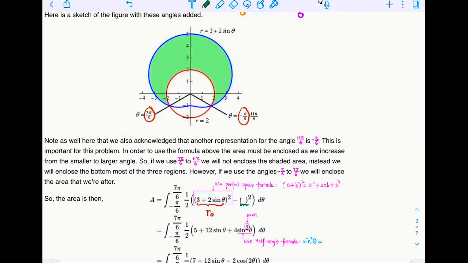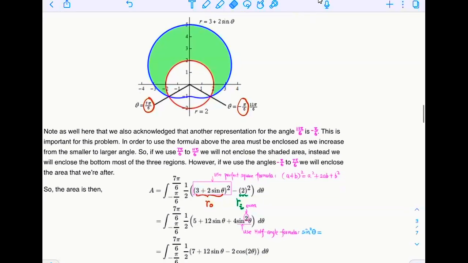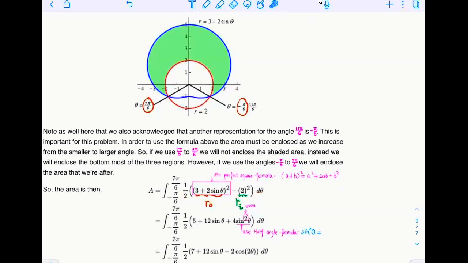Yeah, it's 2, right? Okay, cool. So that's 2. So use that formula: 1/2 times outer r squared minus inner r squared, d theta. Theta goes from this to this, from small to big, because that corresponds to that region.